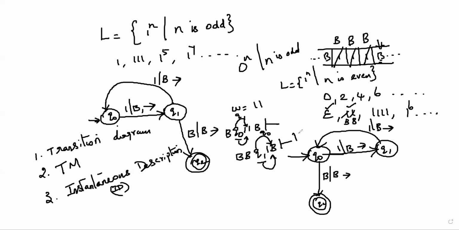So the 2 blanks are already there before this Q1, followed by this 1 which I'm also changing to blank. What is the state change? Q0. Followed by a blank space, so Q0, comma, blank space goes to the final state.